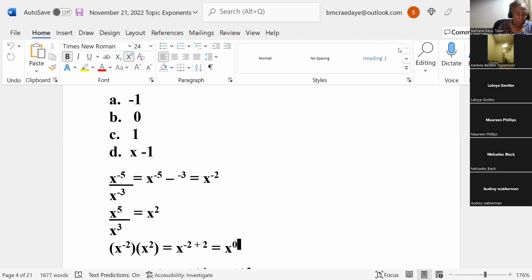Any variable or number to the 0 power is 1. Remember that. Whether this is 100 or 100A or 200B, whatever, it is equal to 1. So this is equal to 1.